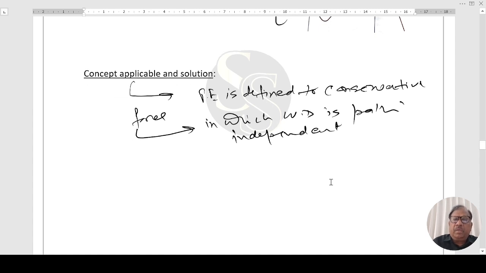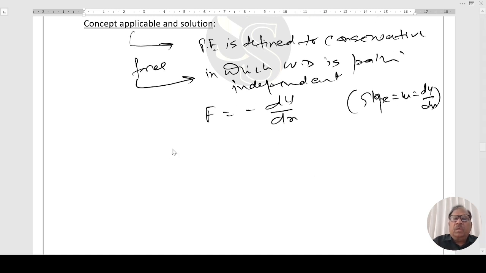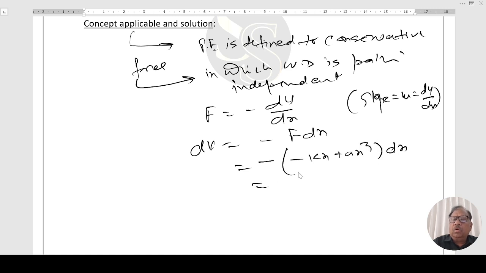And F is given by minus dU by dx. Slope is dU by dx, so this is in terms of slope also. Now, dU will be equal to minus F dx, substituting the value, minus of (minus kx plus ax cube) dx. On simplification, this comes out to (kx minus ax cube) dx.